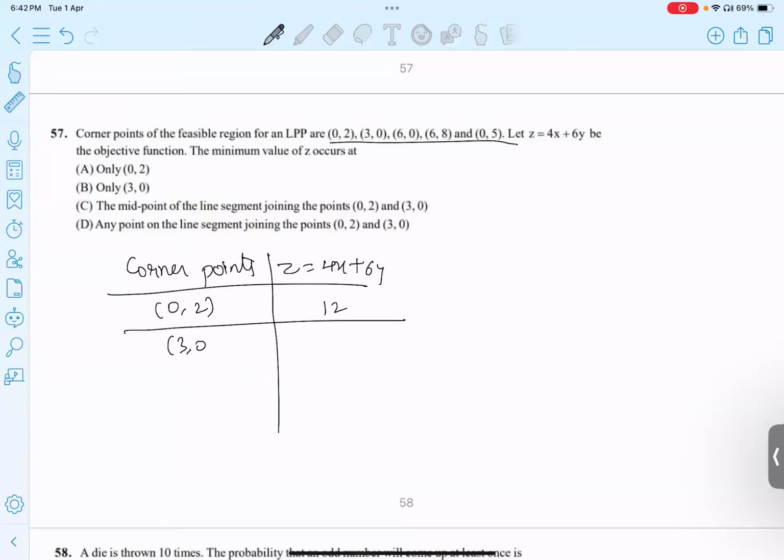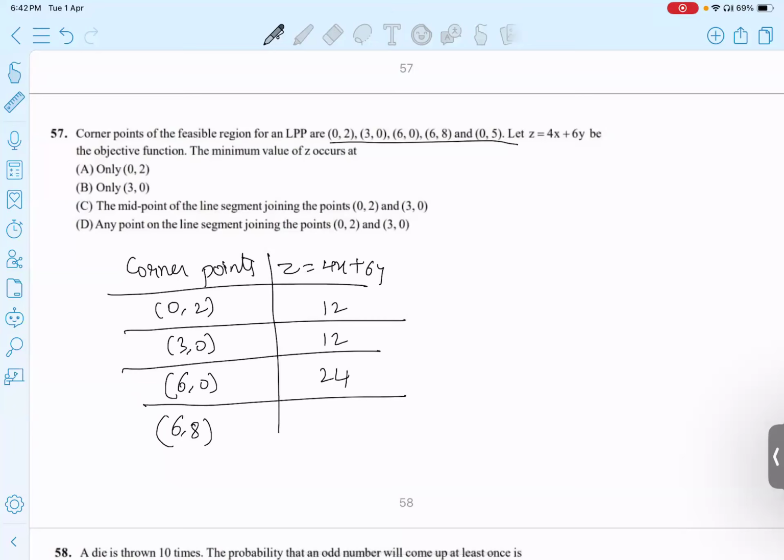Next 3 comma 0. Again, if I substitute, we'll get 12. If we substitute 6 comma 0, we'll get 24. Similarly, if we substitute 6 comma 8, we'll get 24 plus 48, which will be 72. Then comes 0 comma 5, which is 30.